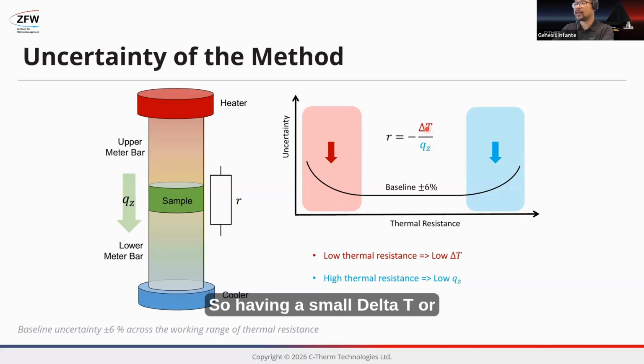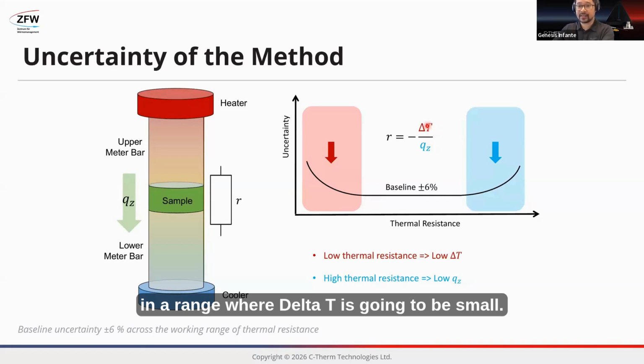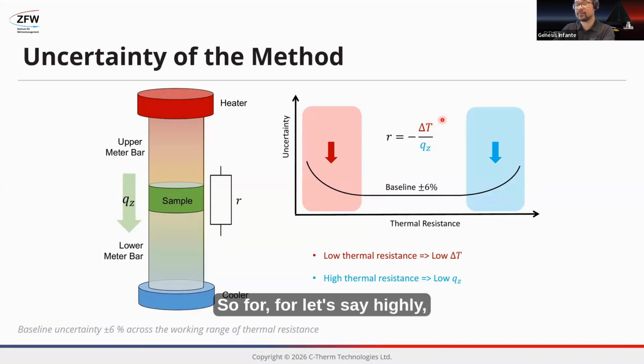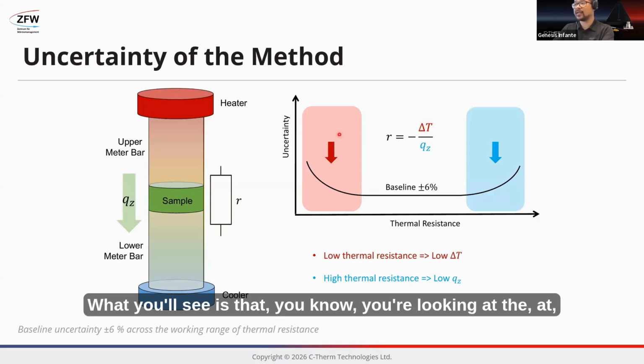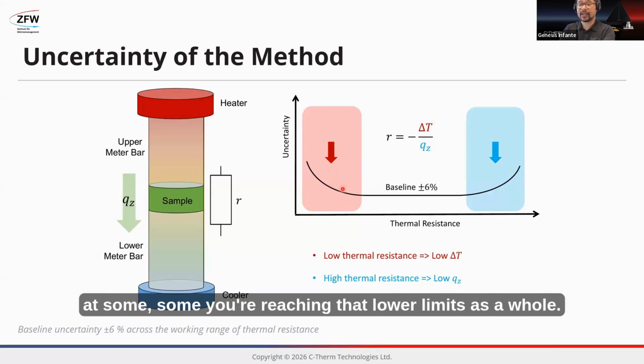So for, let's say, highly conductive materials with low resistance, meaning that delta T is low, you'll see that you're reaching that lower limit as a whole.